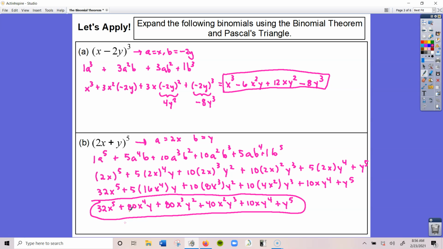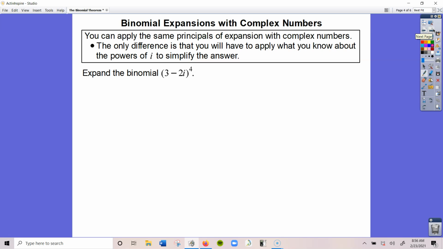Now let's look at one more binomial expansion, but in this case with complex numbers. Here we want to expand the binomial 3 minus 2i raised to the fourth power. So in this case, a is equal to 3 and b is equal to negative 2i.